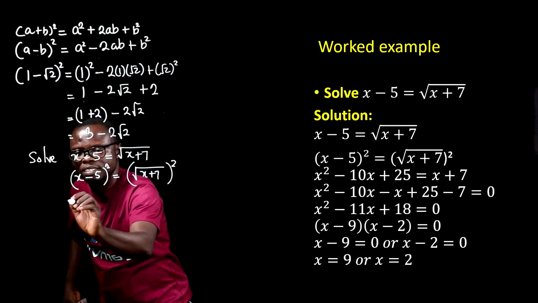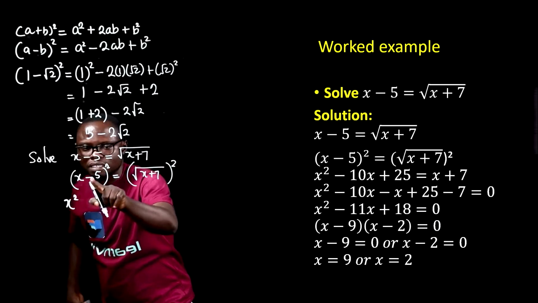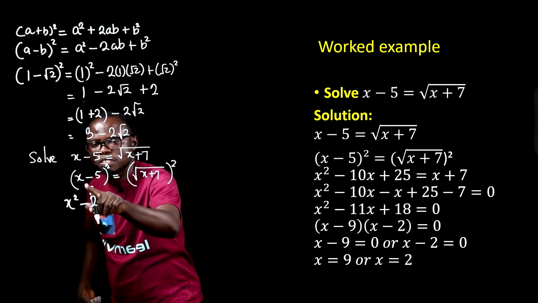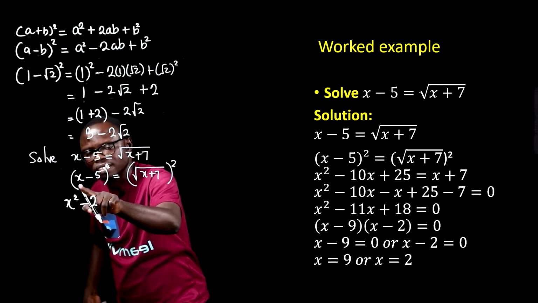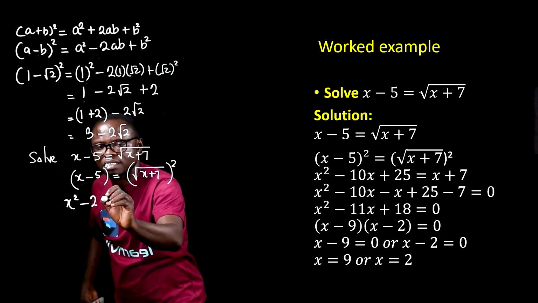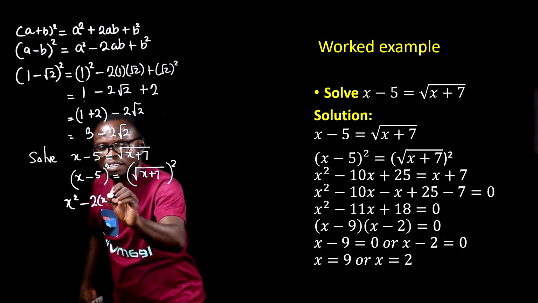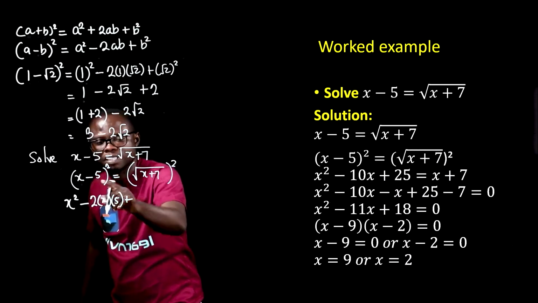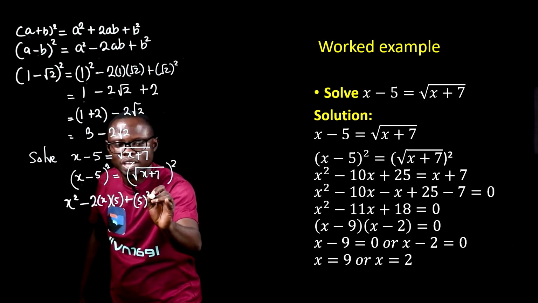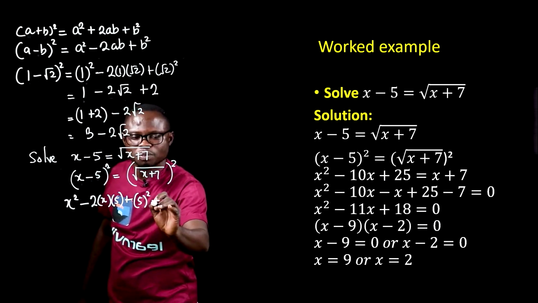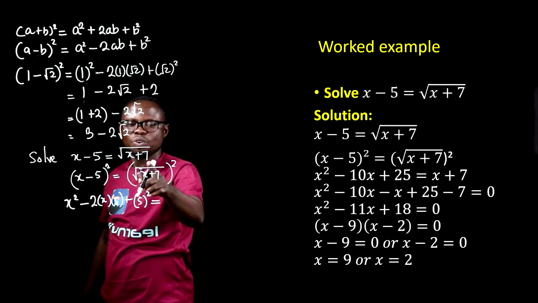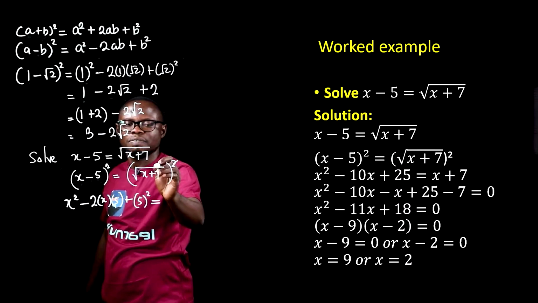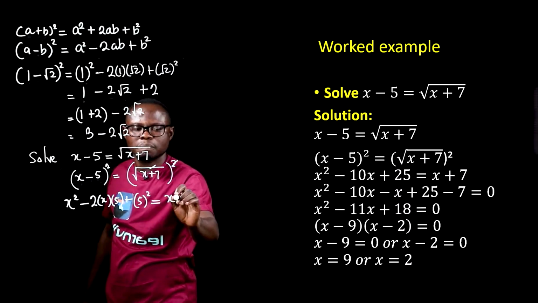The first one is x, square it. There is minus, bring the 2 down, 2. Multiply first and second, so x times 5. Then plus, pick the second one, 5, square it. This will be equal to, we know what happens when we square a square root. This cancels this, and we have our x plus 7.